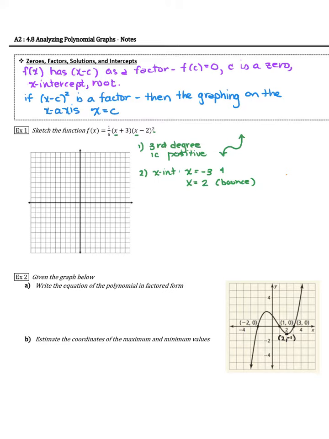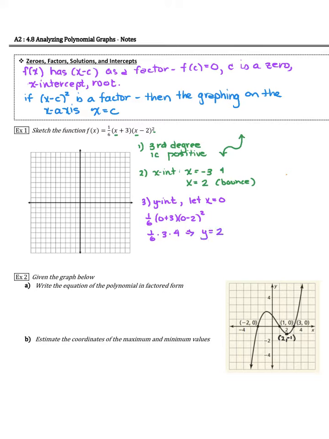The last thing I would like you to be able to find is the y-intercept, because that gives us a little perspective on the graph. We find the y-intercept by letting x equal 0. So I take my equation, 1/6 times 0 plus 3 times 0 minus 2 squared. That equals 1/6 times 3 times 4, which gives us a y-intercept of 2.